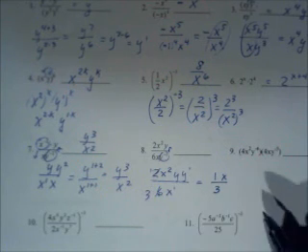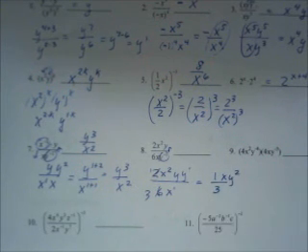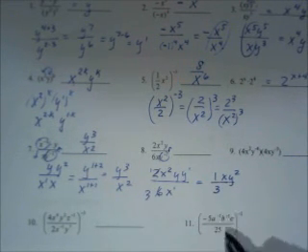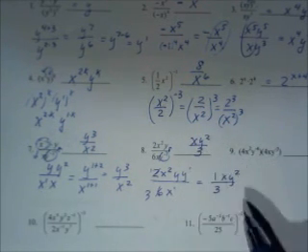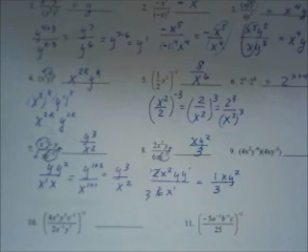And y times y is y squared. So there's our result. We don't have to write the 1 in the numerator. We can just simply write it as x y squared over 3, because 1 times xy squared is xy squared.